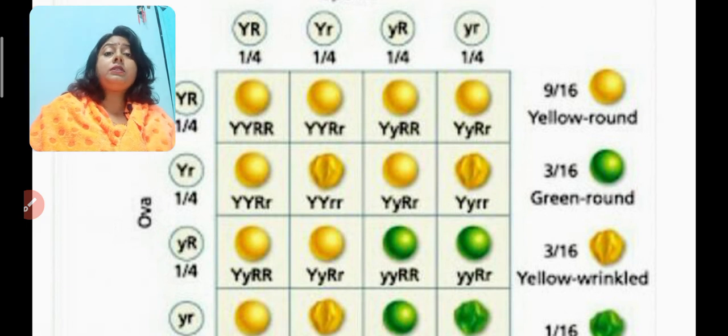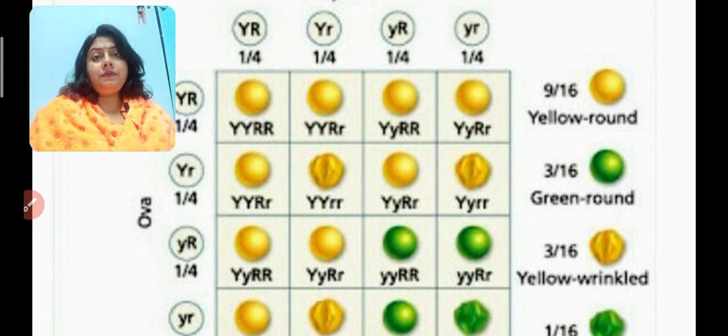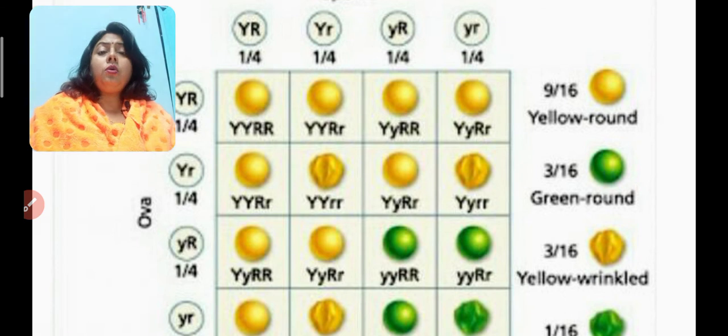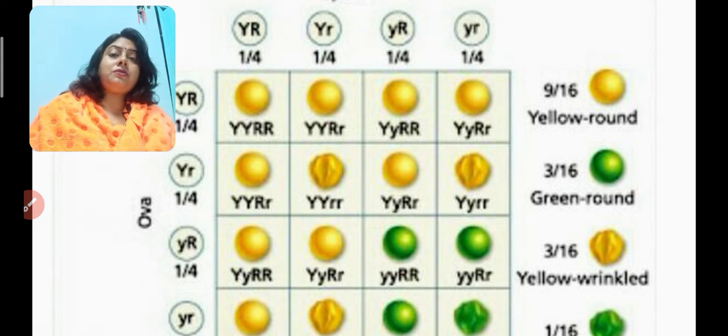So that is what here I explained. The allele for the yellow color of the seed moved independent of the allele of the roundness of the seed, and vice versa. Though later on it was found that it is not 100% true, because not all the characters are present on different chromosomes.